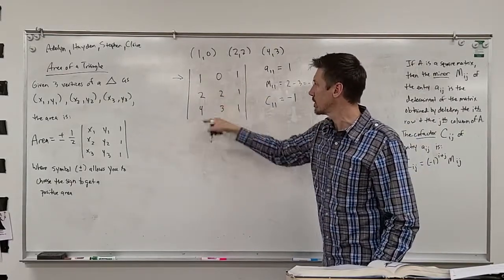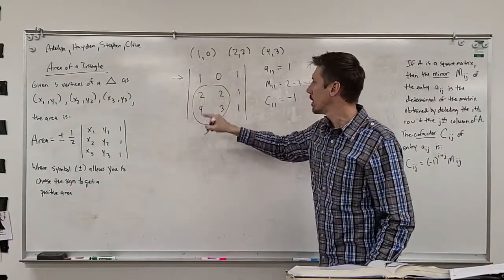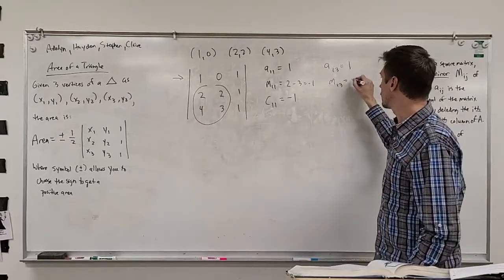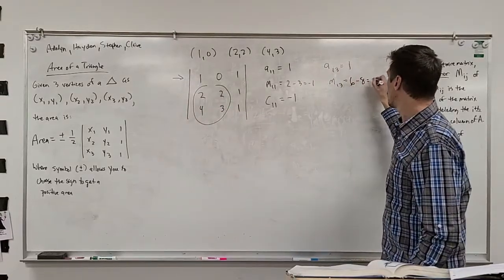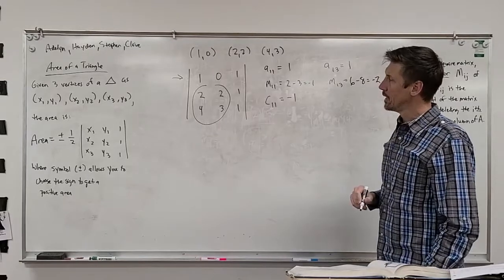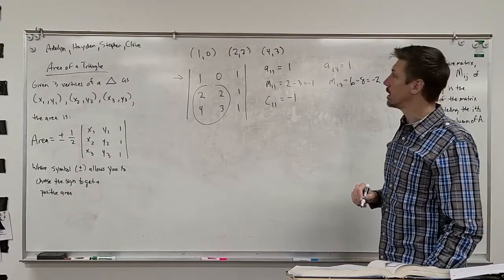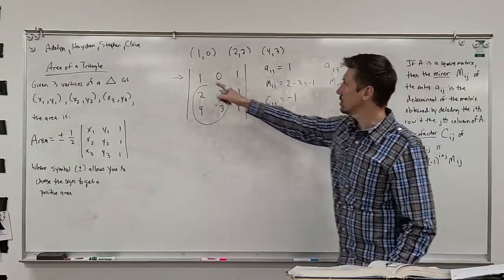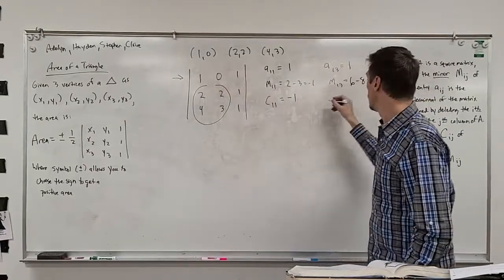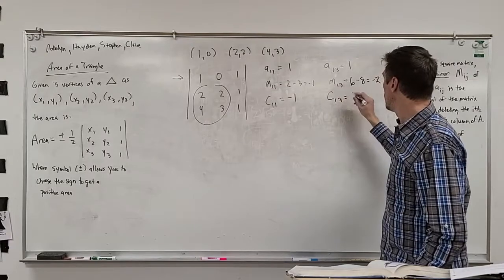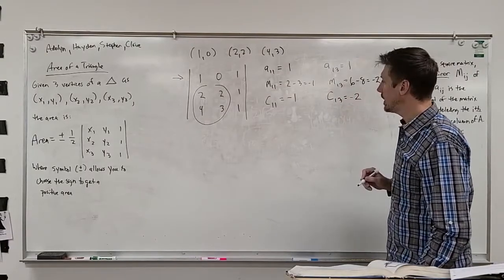So we've got this matrix down here, right? So 2 times 3 is 6, minus 8, so that's going to be a -2. And because of its position, again, the sign is not going to change because it'd be plus, minus, plus. So the sign stays the same. And so C is also going to be a -2.